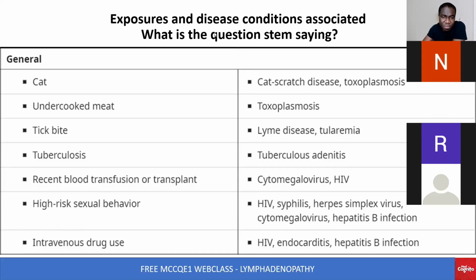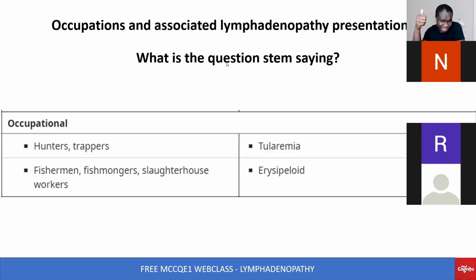Awesome. Let's continue. Another thing you also have to look out for in the preamble. We've looked at medications, pathologic causes like viral, bacterial, lymphoproliferative causes, and types of medications. Now, while you are reading the question stem, ask yourself, is the question stem pointing me to the patient's occupation?